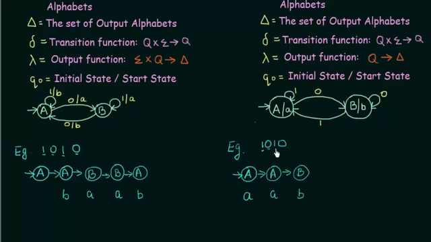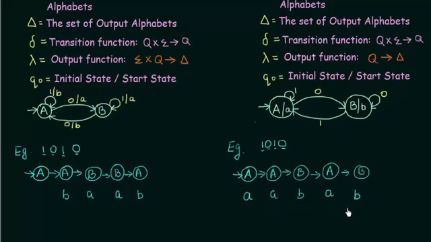Then the next input is 1, and we are in B. B, on getting input 1, goes to A, and it produces output small a. Now we come to the last input, that is 0, and we are in A. A, on getting input 0, goes to B, and B produces output small b. So we get the output a, a, b, a, b.